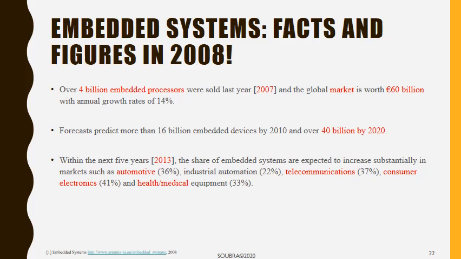And back then, the figures of the previous year, 2007, showed over 4 billion, that's 4,000 million, embedded processors that were sold. So, you know, it's a huge number of computers considering the world's population. And I don't even want to look at the financial aspect of it.